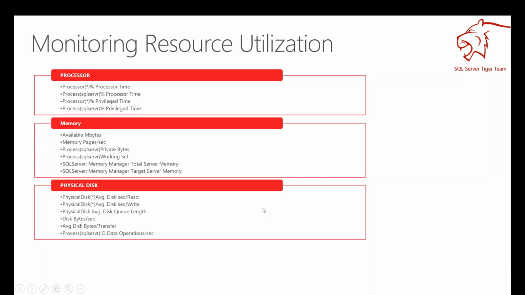Moving to the next, physical disk, and this is where I think most of you would either be aware of these counters already or familiar with them. Disk latency, which is average disk seconds per read and seconds per write. That is how we determine from SQL Server what the latency of the disk is.